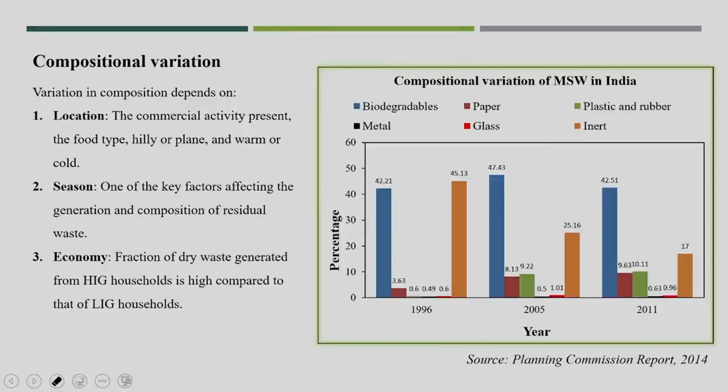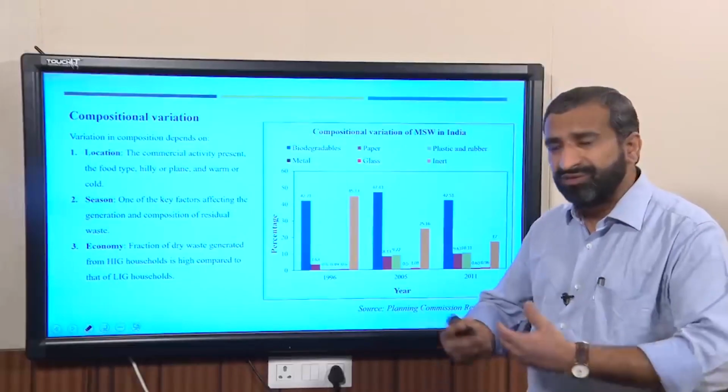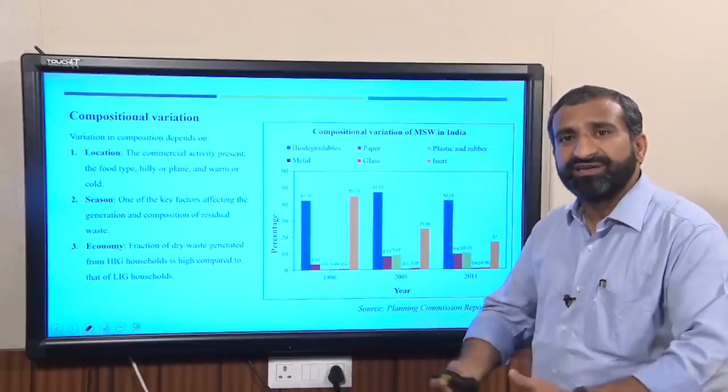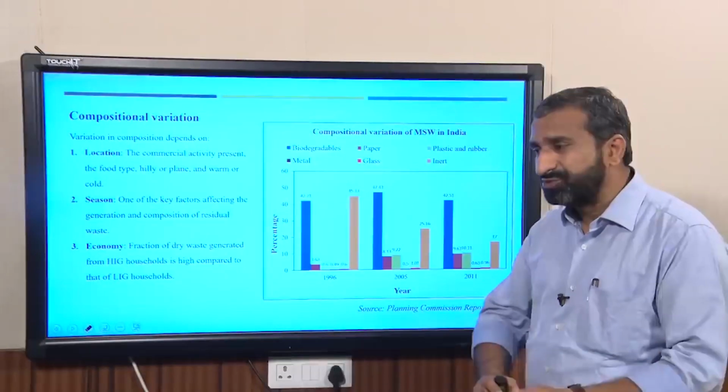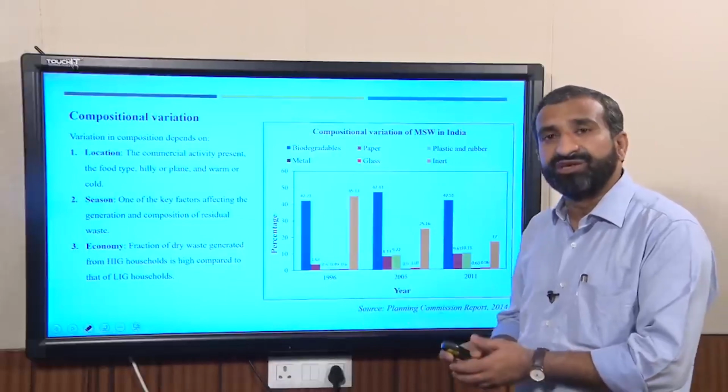So it is very important to know the waste composition. When you are planning the sampling, it also needs to be repeated every 10 years, 15 years, to know how the physical compositions are changing with time, to design the recycling facility or any disposal facility.